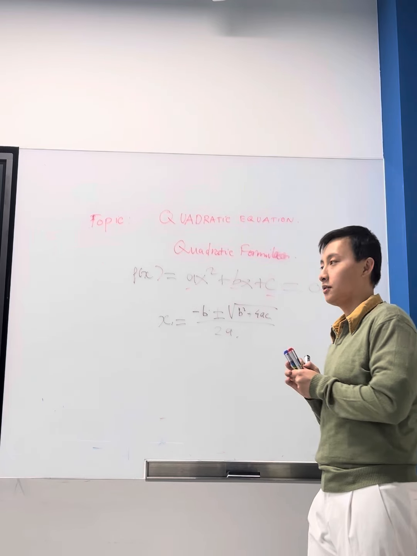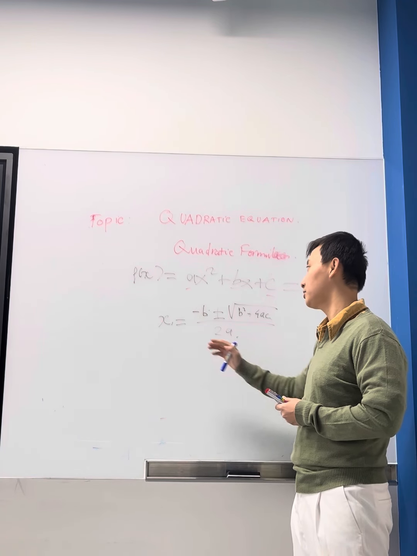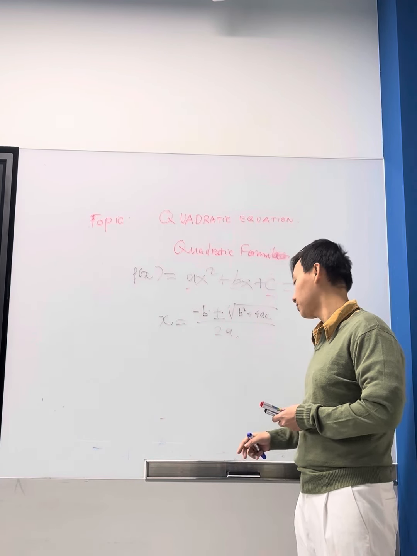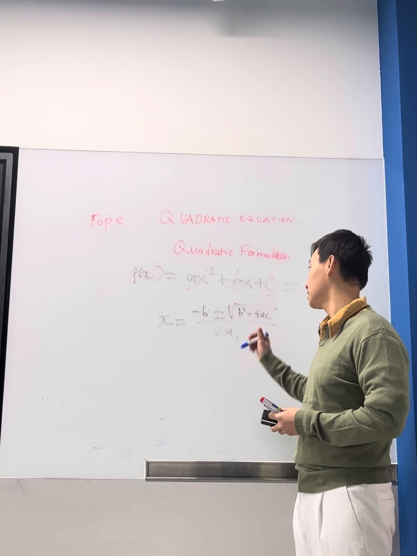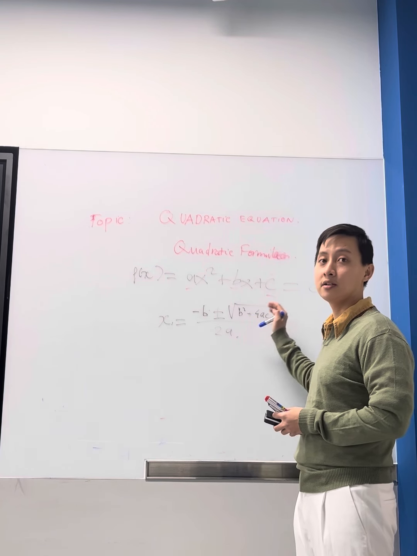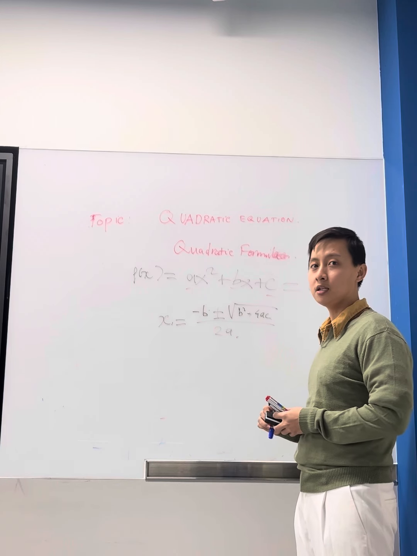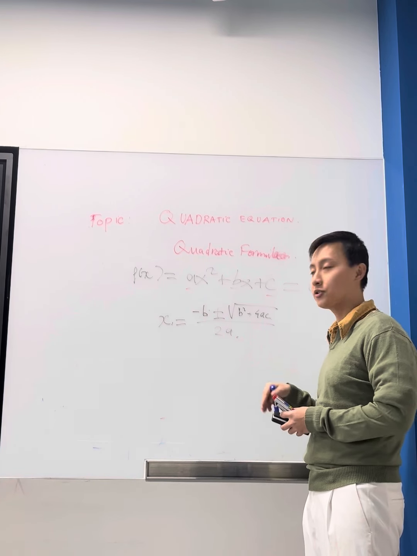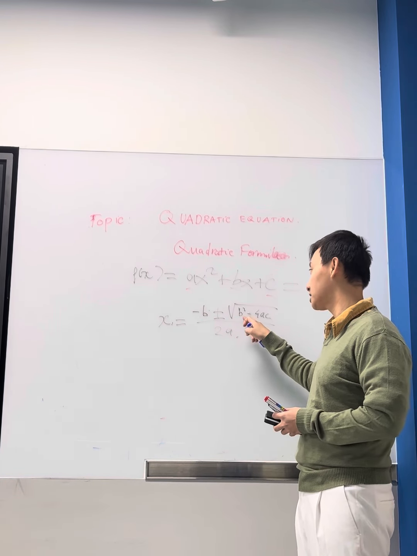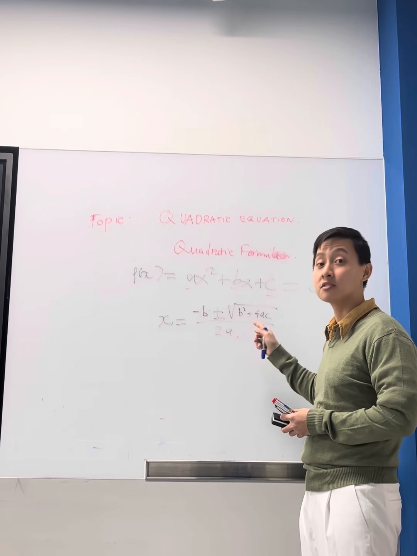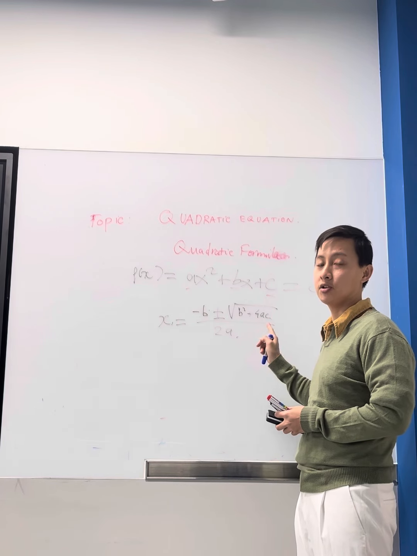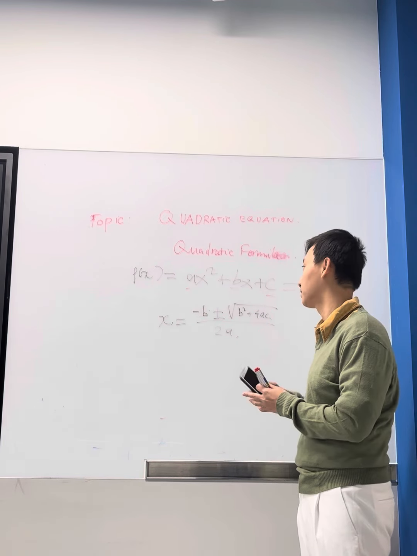Sorry, it should be minus b. So this is the formula you can use. Remember that the expression under the square root is always greater than or equal to 0. We are going to learn about complex numbers, but up to now, just remember the expression under the square root has to be greater than or equal to 0.